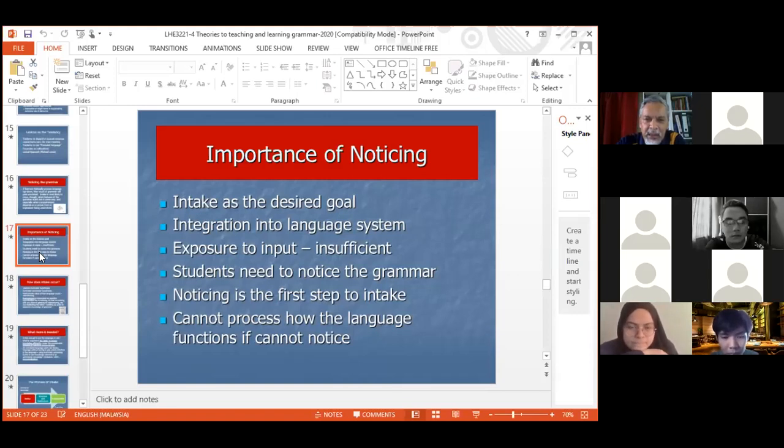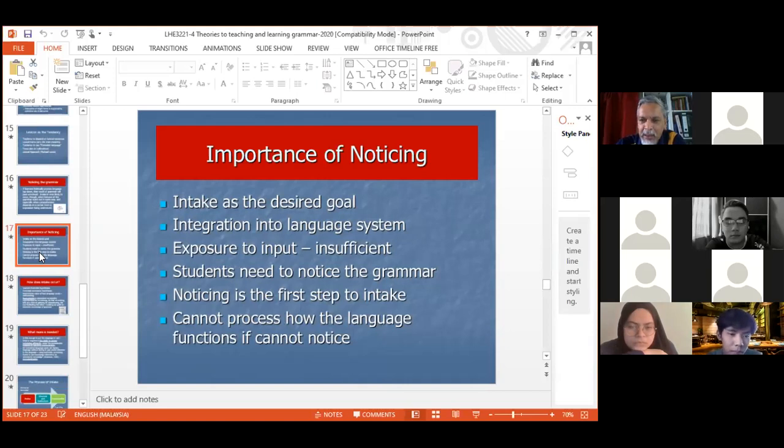If intake is the desired goal, and through intake you integrate it into your language system. Okay, and just by getting exposure to input, it's not sufficient because you really have to make sense of the input.